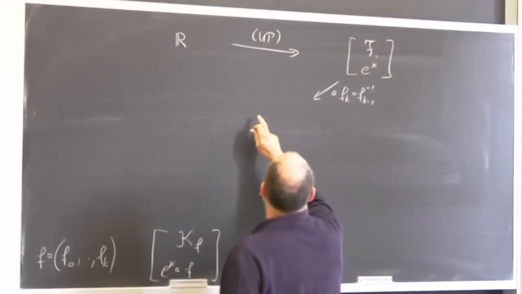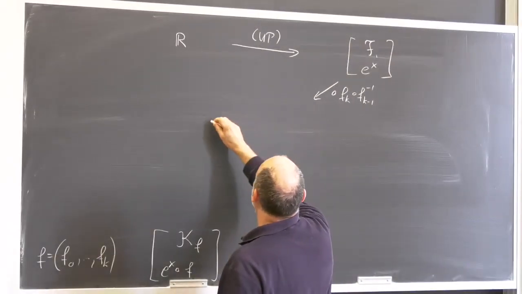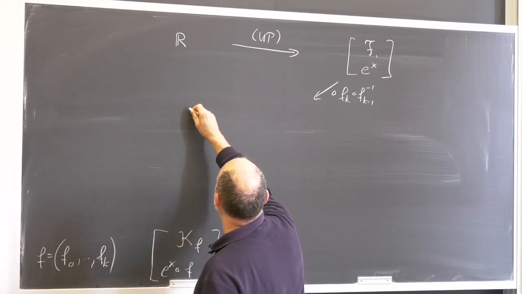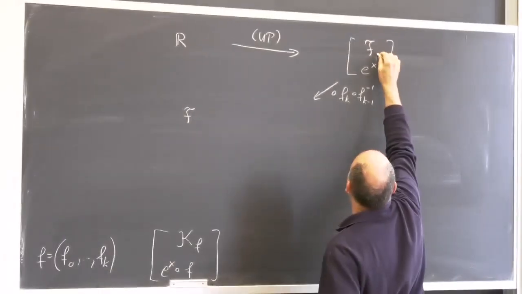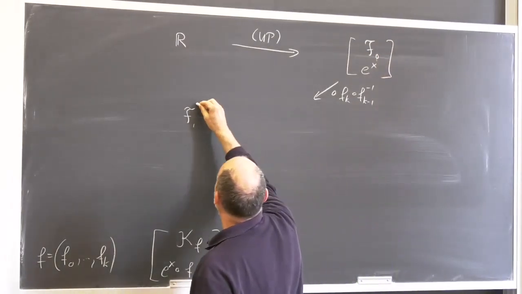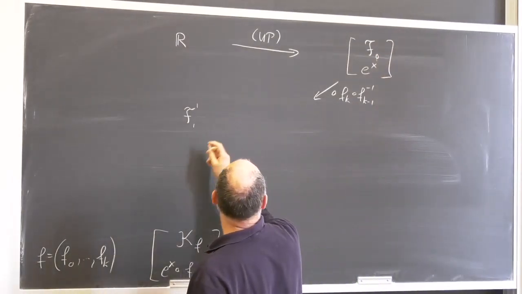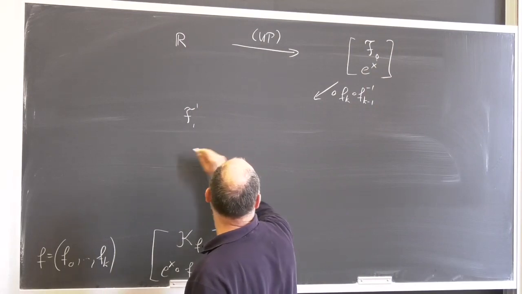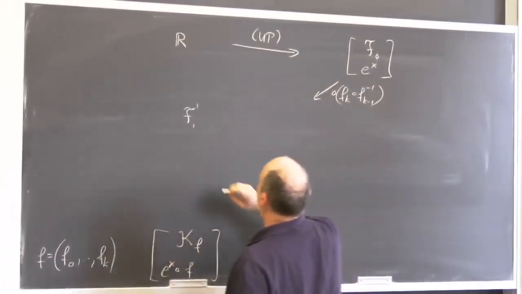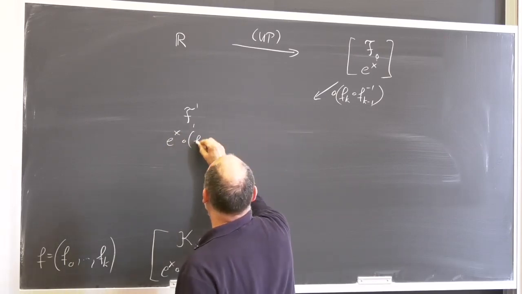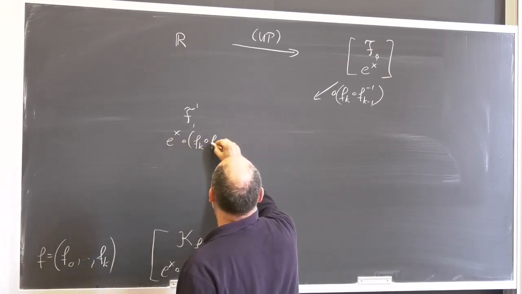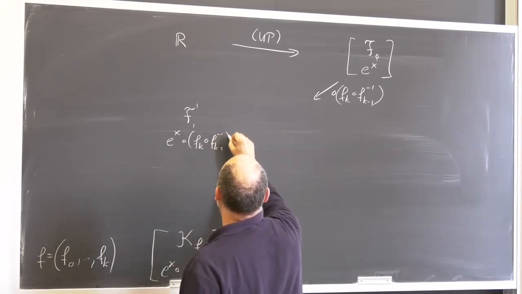Yeah, right. And we would end up over here with a corresponding slowdown, which I'm going to call f1 prime. So here the monomials are going to be e to the x composed with this fk minus 1 inverse.